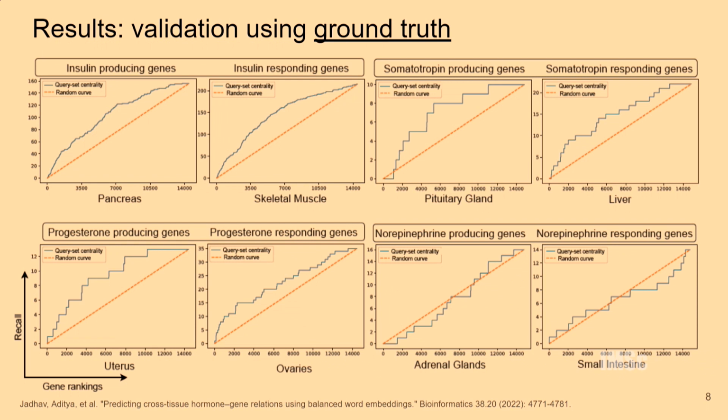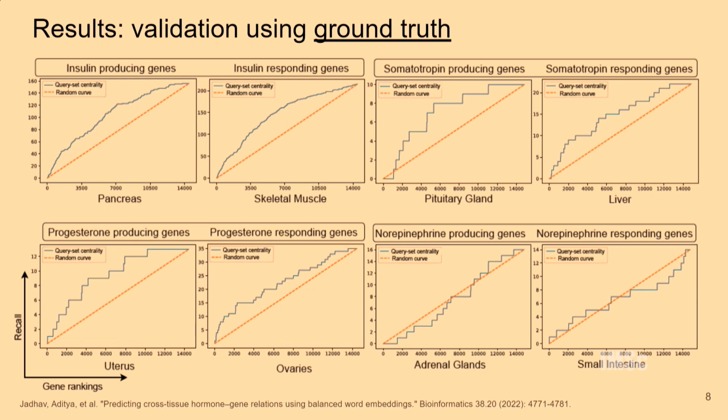I am showing only 4 hormones here. Reason 1, because our results are better on these 4 hormones. The second reason is that one thing which impacts our experiments is how much ground truth data we have. So when we know insulin-producing genes, if we know only very few genes like 2 or 3, there is no chance to predict genes that respond to insulin.